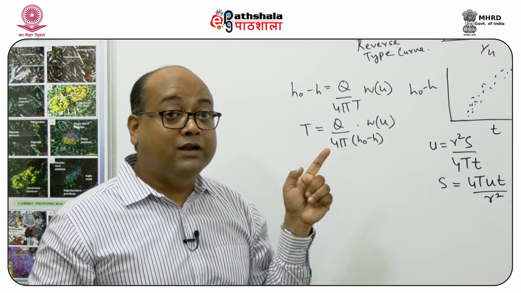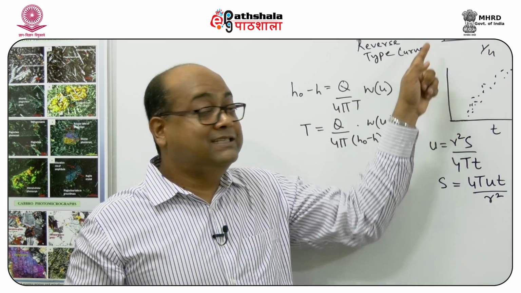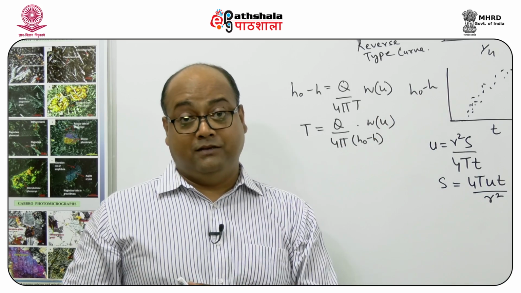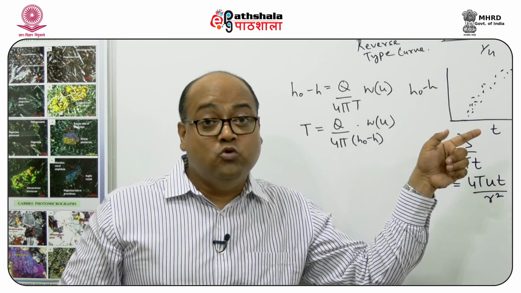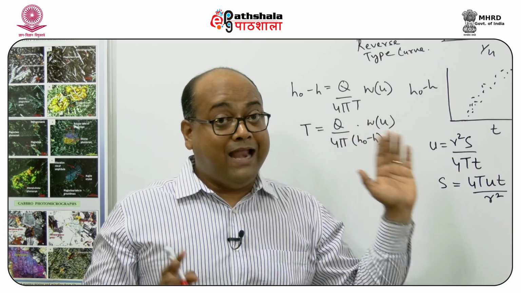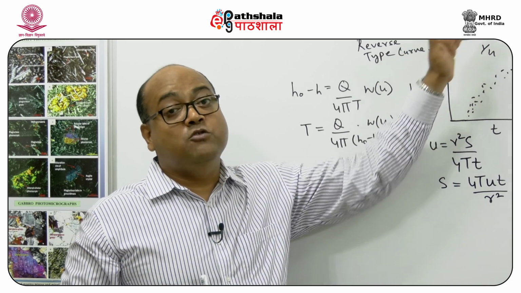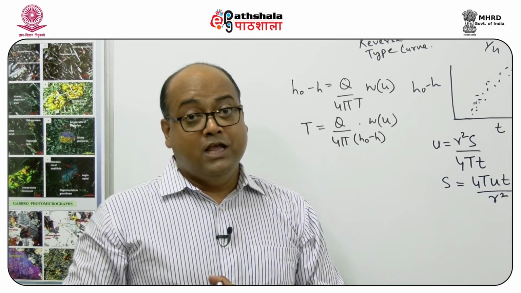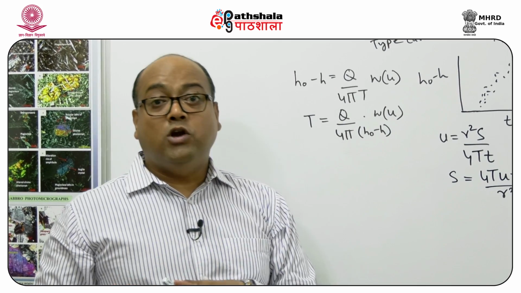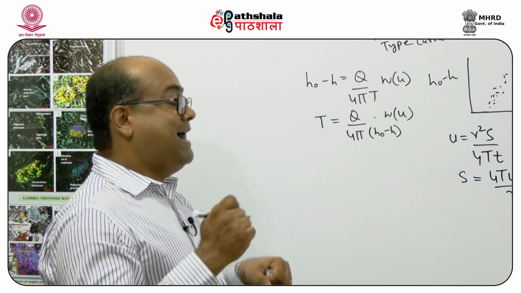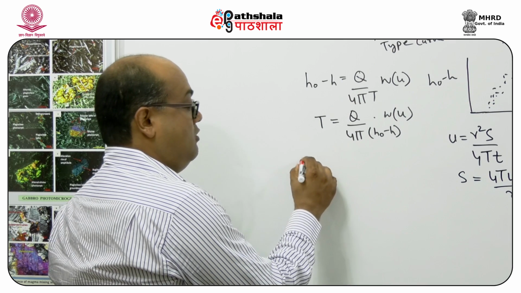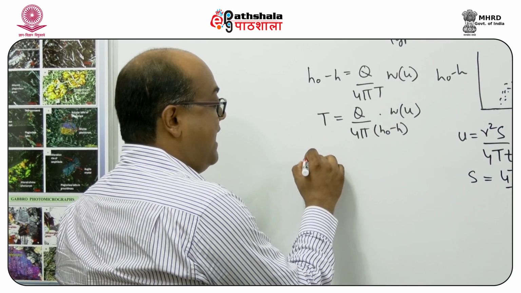And the most important thing is that the axes of these two curves are parallel, okay? So keeping these two axes parallel, we try to match these two curves, okay? Once we have done that, we take a pivotal point, a match point.